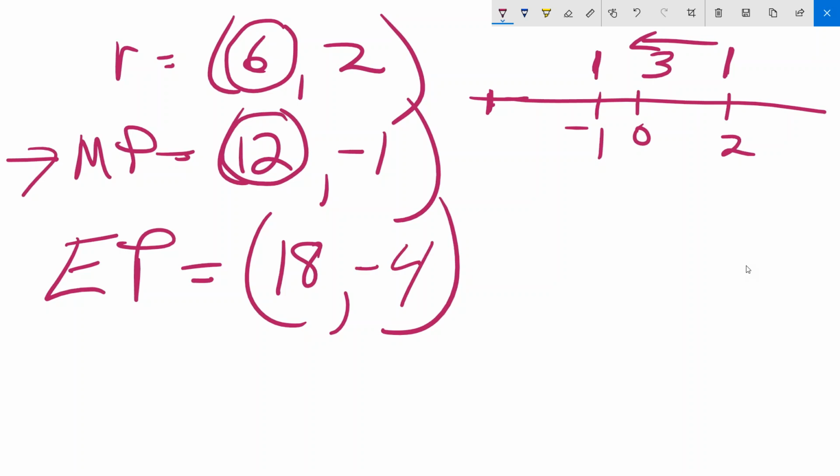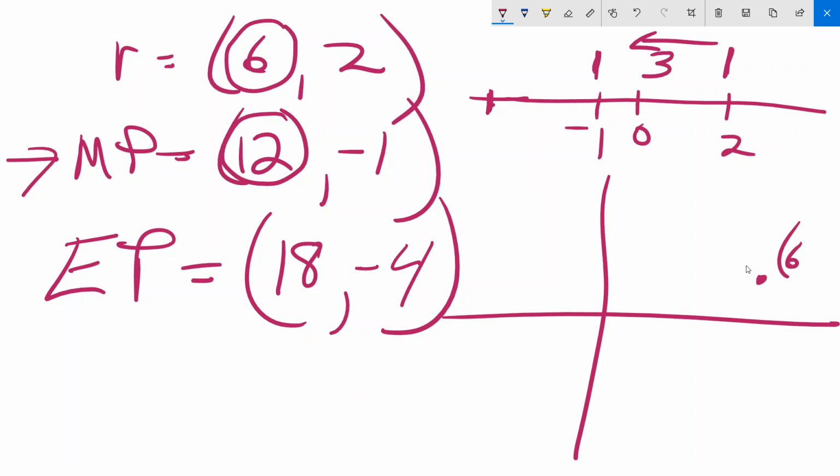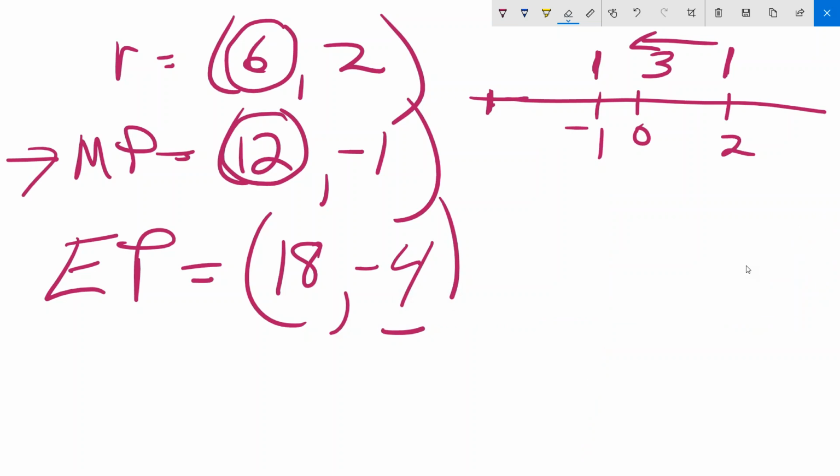Always. Okay, now if I were to draw this, let me just do it really quick. There's (6, 2). And the midpoint, hold on, I gotta always think ahead here, otherwise my graph doesn't look right.